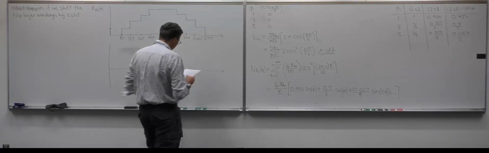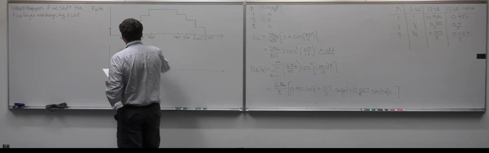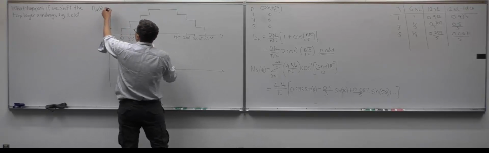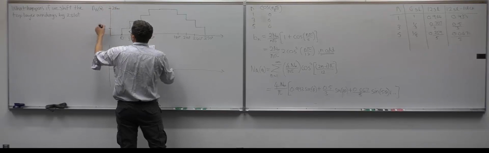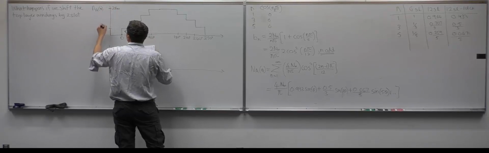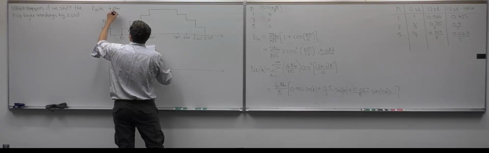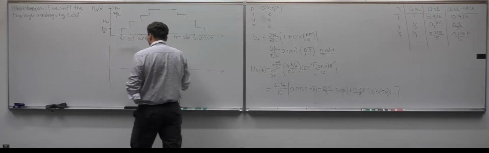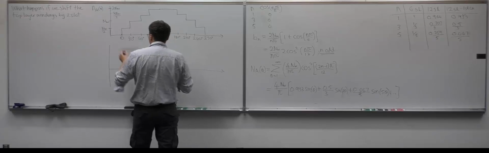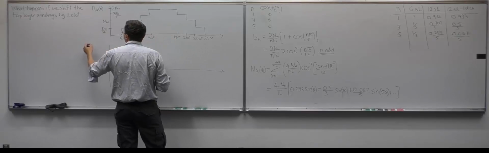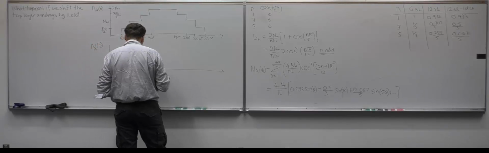So the average, this peak here is 2 NW, and this is NW over 2, NW, and 3 NW over 2. Now we shift it down by NW, that's the average, and then we get the winding function.